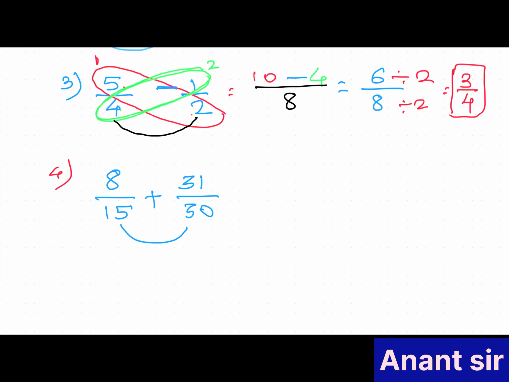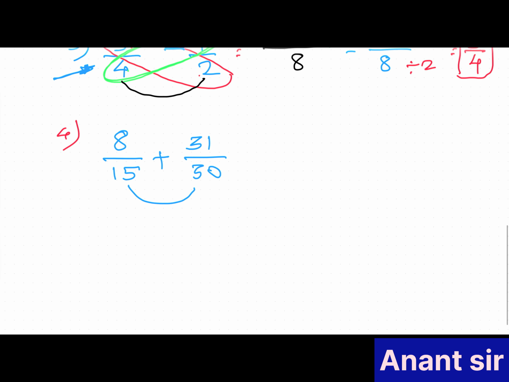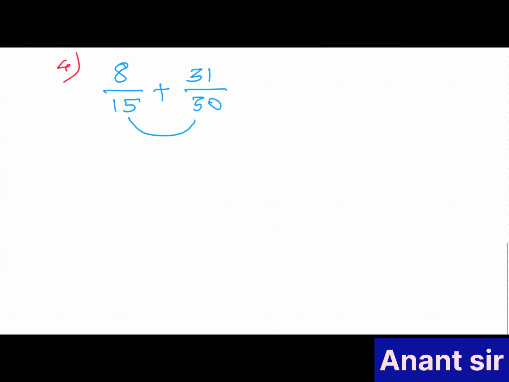Cross multiplication is an easier method to do, but if the numbers are very large, for example this is your first number and this is your second number, at that time if you multiply, it becomes really little complicated by cross multiplication. So it is much easier to solve by LCM method, and I am going to tell you a simple trick to find the LCM.